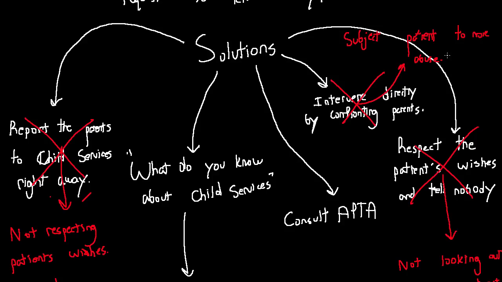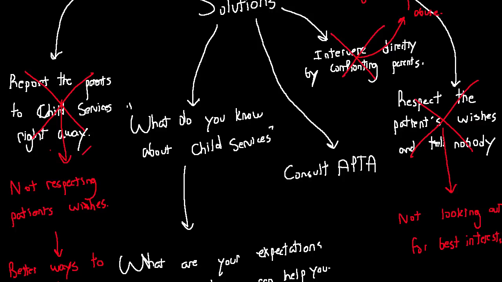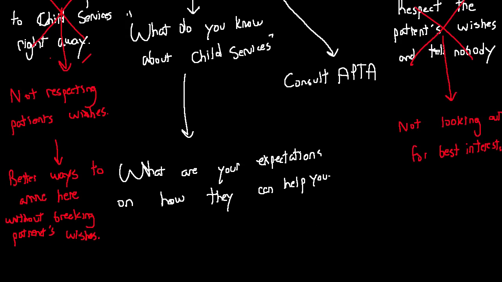So we have these two solutions over here, and I actually want to combine these two solutions, right? This is what I want to do, right? We're going to ask the kid, what do you know about child services? What are your expectations? Perhaps the parents have brainwashed this kid by telling him lies, things that would happen if you were to call child services, right? That we'll hurt you if this happens, or these people are going to take you away and put you in prison. Or that you're just as guilty as we are. Who knows what this kid's been told?